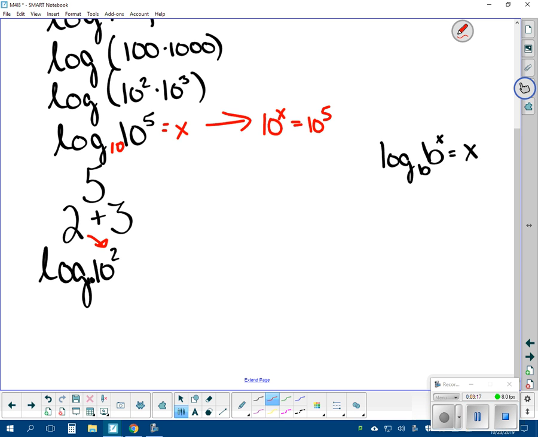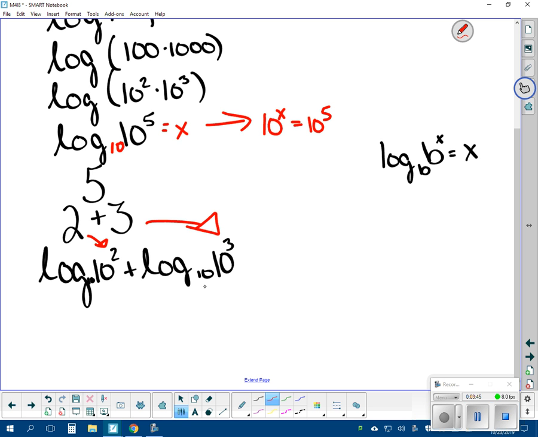We talked about this a little bit at the end of class yesterday with the natural logs and the e's, those always canceling, and it happens anytime the base of your log is the same as what you're taking the log of. So this part would give me 2, and I could make this log base 10 of 10 cubed, and that would really just be a 3.